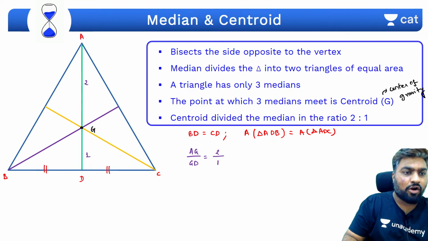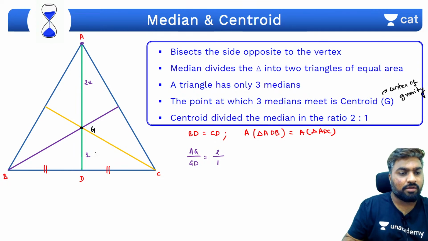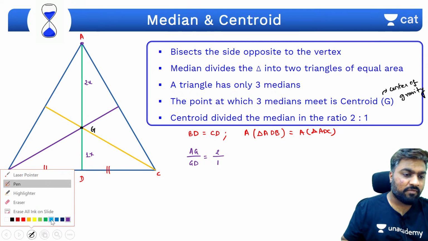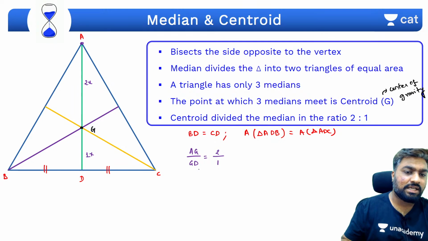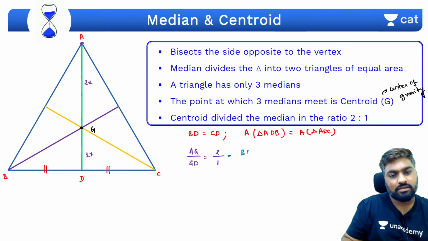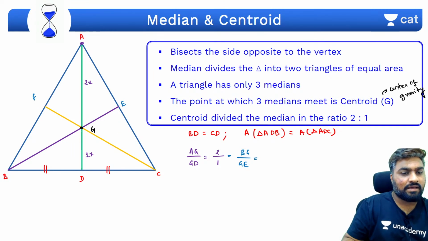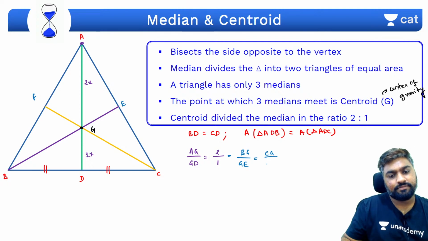So AG, from the vertex to the centroid, will be 2 parts, and from the centroid to the midpoint of the opposite side, it will be 1 part. Always 2:1. The same way here, BG to this point, let's say this is E, BG by GE will also be 2:1, and CG by GF will also be 2:1.